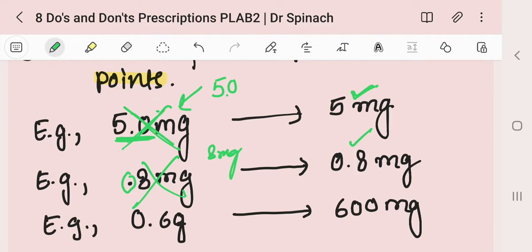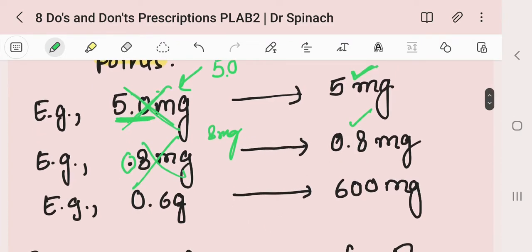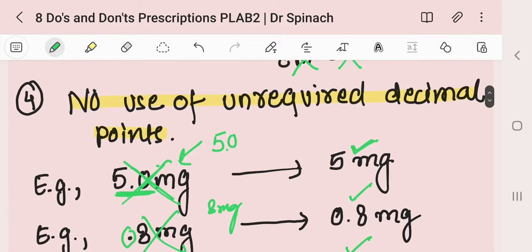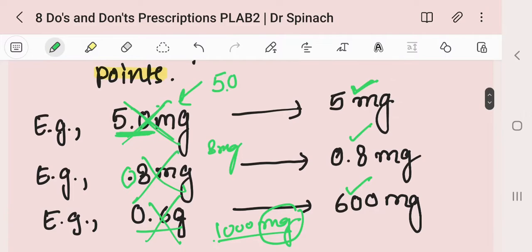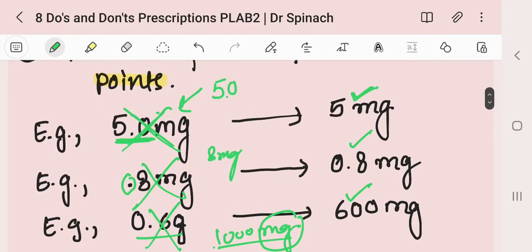Okay. And if you're prescribing a drug less than 1000 milligram, then you should always write it in milligrams rather than grams. So 0.6 grams is not accepted, 600 milligrams is accepted. So you should remember when to use decimal and when not to use the decimals.